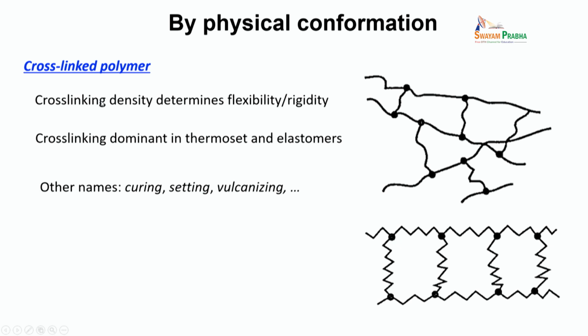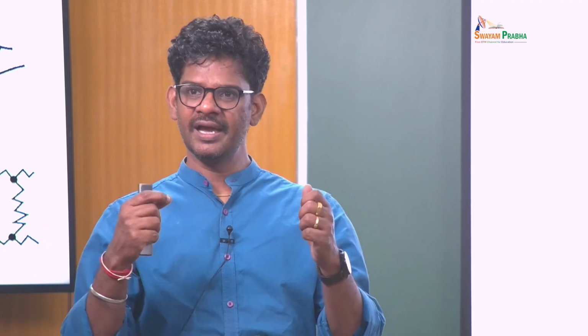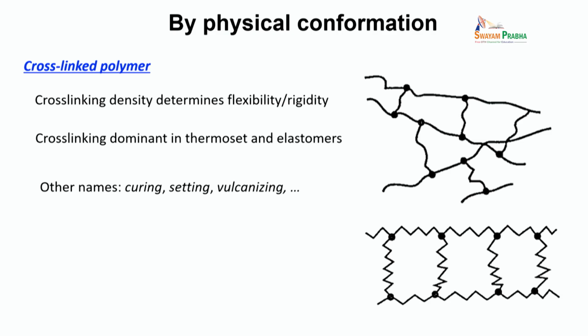Cross-linking density basically means how many cross-linking network points there are. If you have a very highly cross-linked network, you will form a very rigid structure. When you have very few cross-links, you would have a more flexible material, right. So, most of the thermosets and elastomers are all cross-linking based.